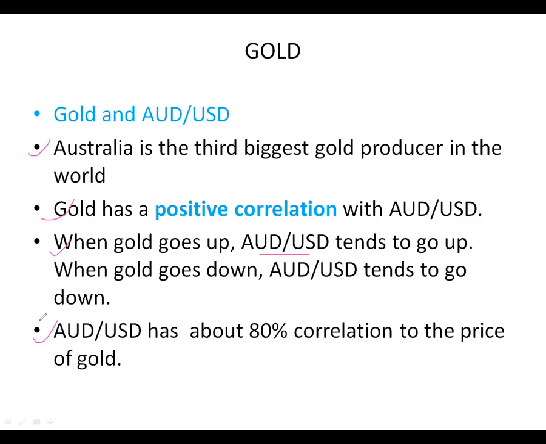You know that on the world market, commodities are priced in US dollars. On the international market, anything you want to buy, the price will be quoted in the US dollar.